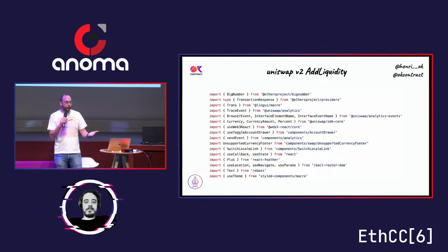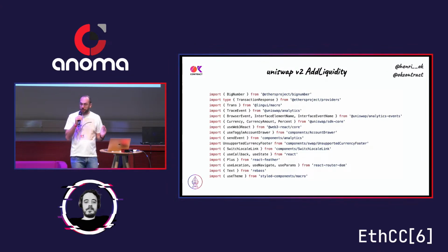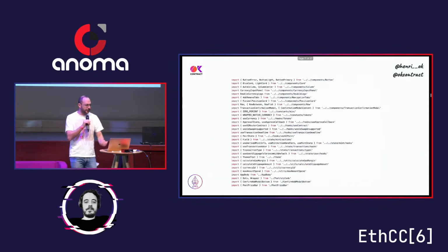There are a few SDKs: Ethers.js, Uniswap's own SDK core, Web3 React, React, of course, and a few frameworks. But we're just getting started here, because the actual implementation is more than 500 lines of code. And again, 500 lines for just one method of one contract, but done extremely well. So this is the quality that we want to reach. Uniswap provides a very good experience, and this is what we expect.